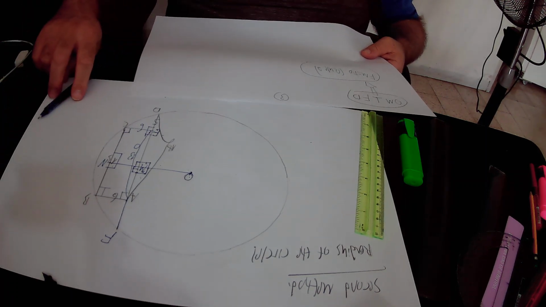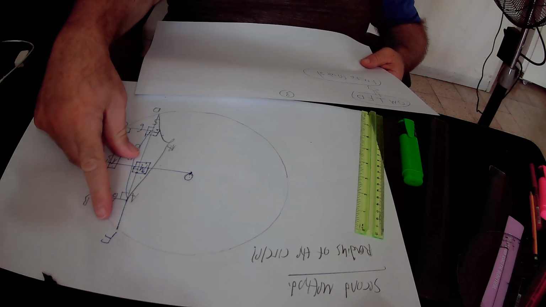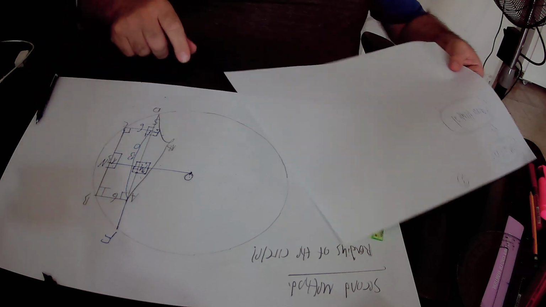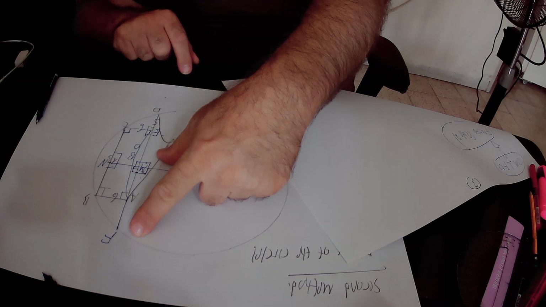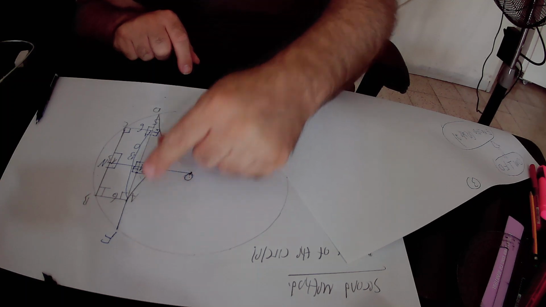What is the value of FM according to this drawing? FM equals FA plus AM.